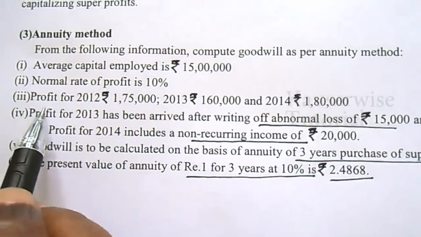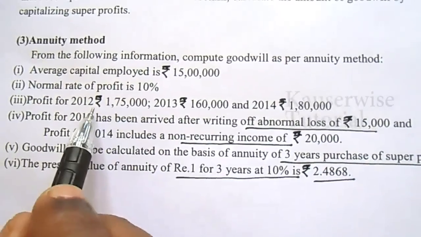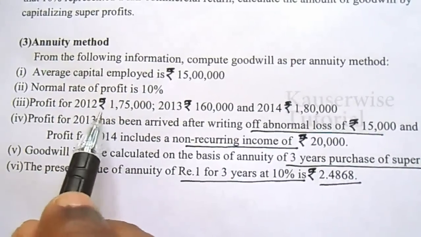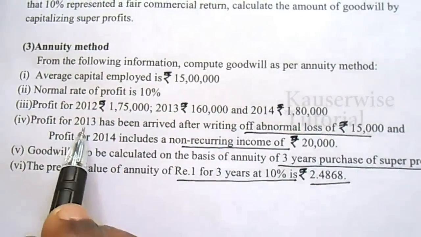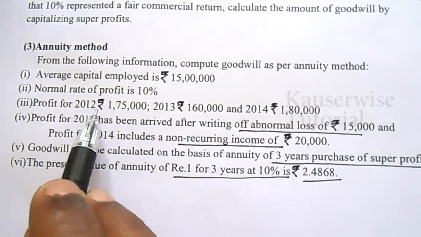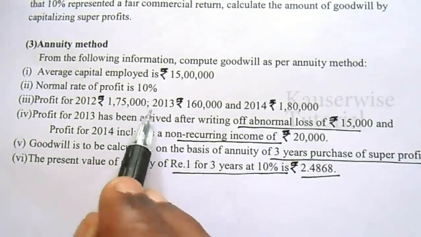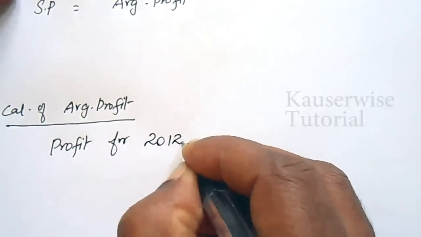Look at the problem. For the year 2012, how much profit? 1,75,000. Just check whether any adjustment regarding 2012. So here two adjustments are given, one for 2013 and second one for 2014. So no adjustment regarding 2012. So directly you can take 1,75,000. For 2012, how much?